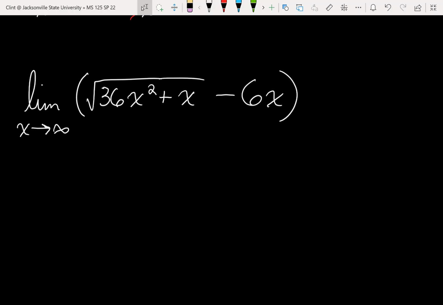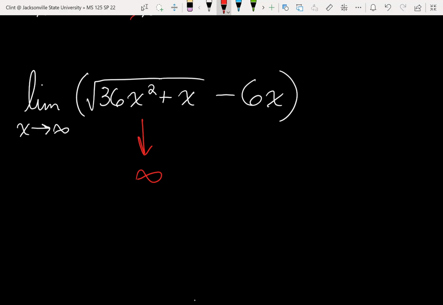We can make it as big as we want. So just looking at that first term, this thing going toward infinity, we can make it as big as we want. Then we got a minus sign. And then when we look at the second term, as we go toward infinity, we plug in bigger and bigger numbers for x.